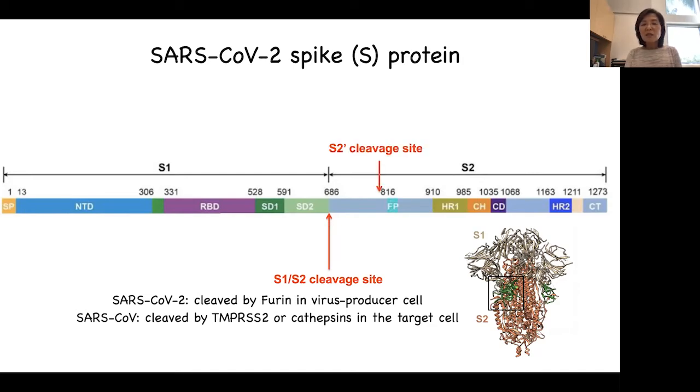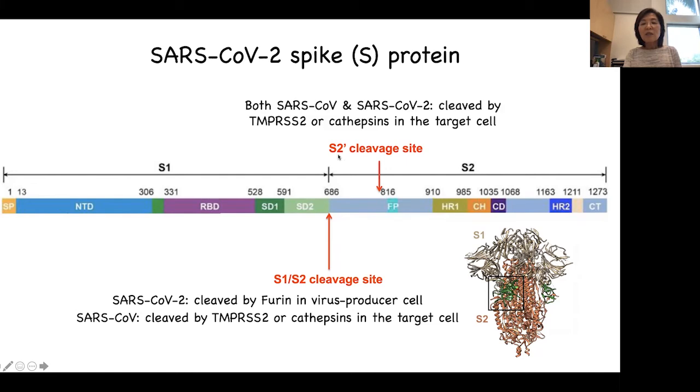And there is another essential cleavage site upstream of a fusion peptide that is called the S2 prime site. Both SARS-1 and SARS-2 have to be cleaved there by either TMPRSS2 or cathepsins in the lysosome. The mutation we are talking about, D614G, is located toward the C terminus of the S1 domain.